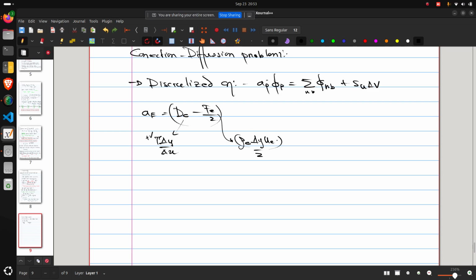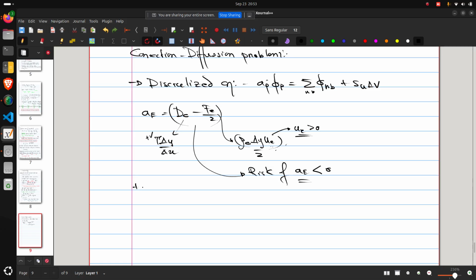The UE might vary, it might be positive or negative, but in the case that it is a positive value, so if the U is greater than 0, then there is a risk of AE becoming negative, right, and this causes a problem, right.